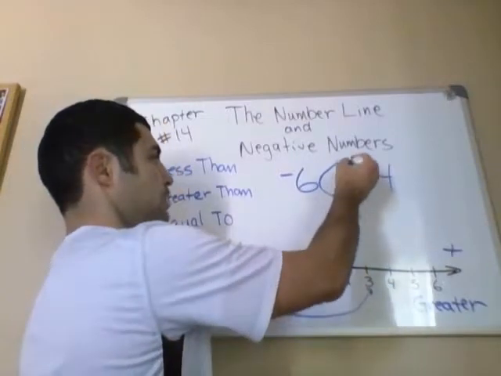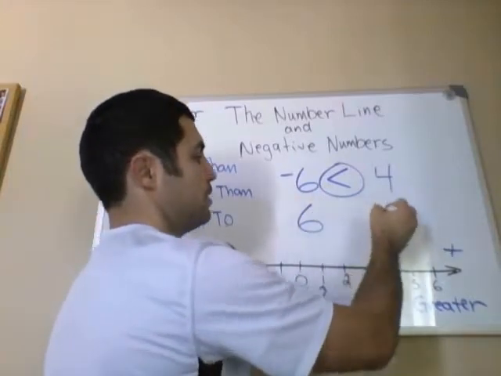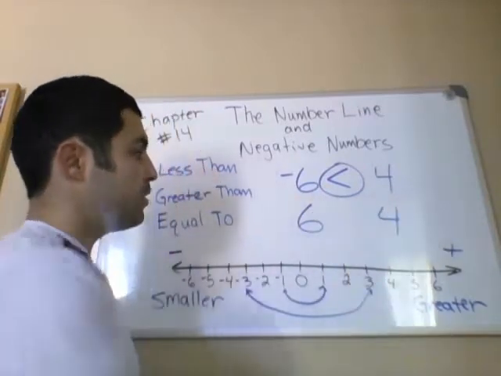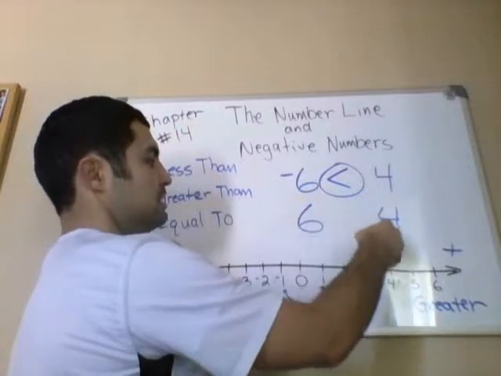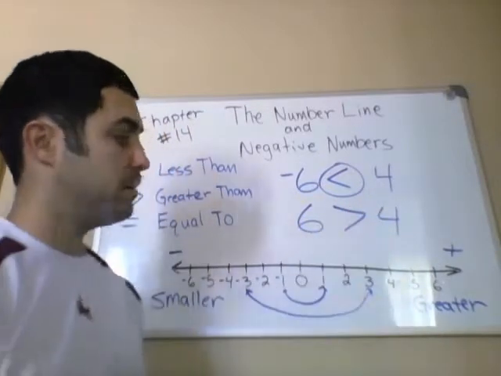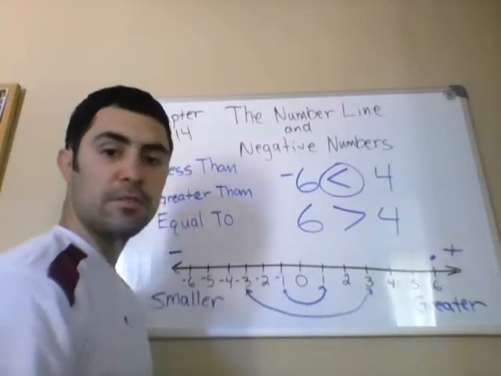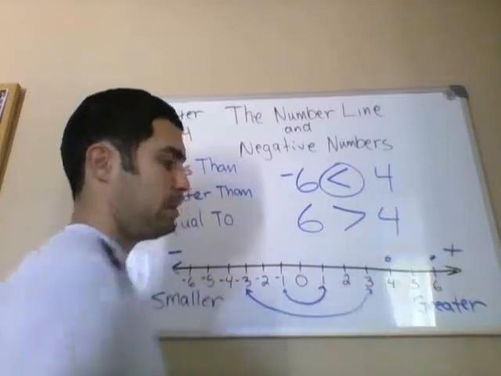So we're going to use less than. Okay? If this was a positive number, then it would be opposite. If this is a positive 6 and this is a positive 4, then the positive 6 is definitely greater than 4 because 6 is further this way than 4 is. Okay?